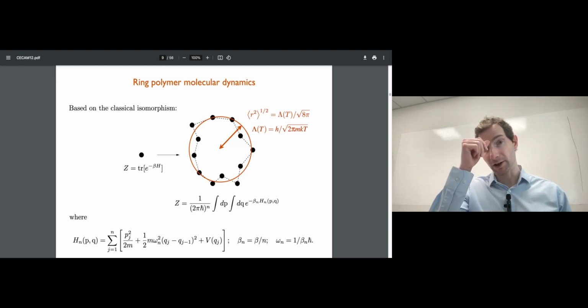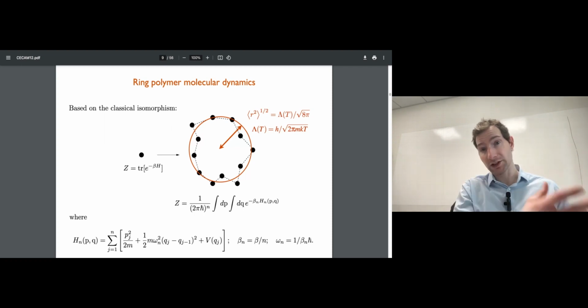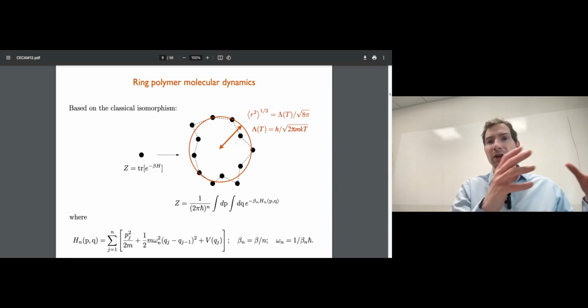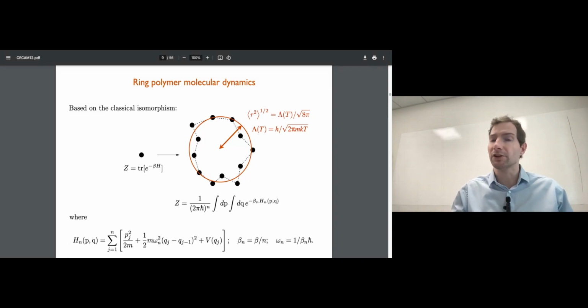Okay, so if you take the quantum statistical mechanics of a point particle in some kind of external potential or interacting with other point particles and so on, then this is actually equivalent to the classical statistical mechanics of essentially a bead and spring model like this that is forming a loop.